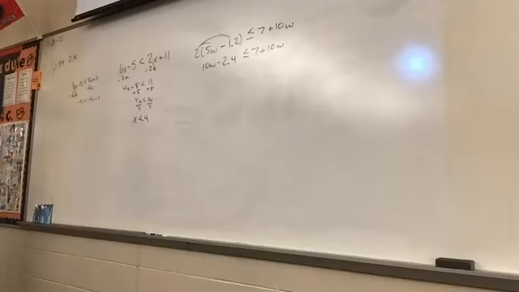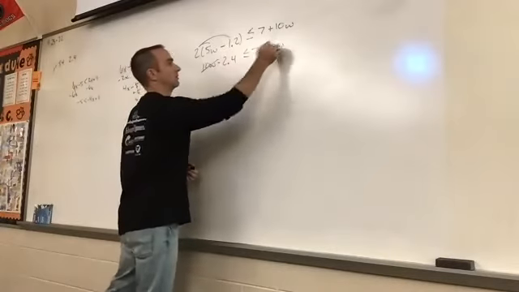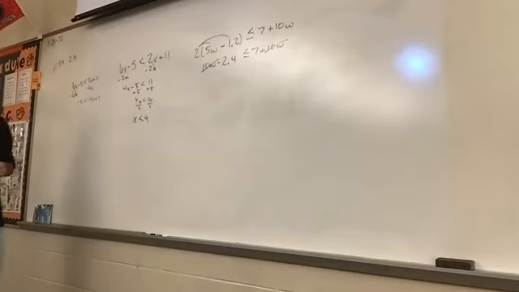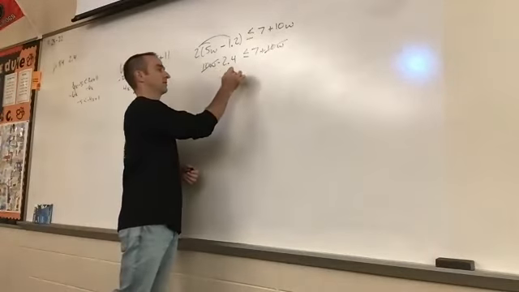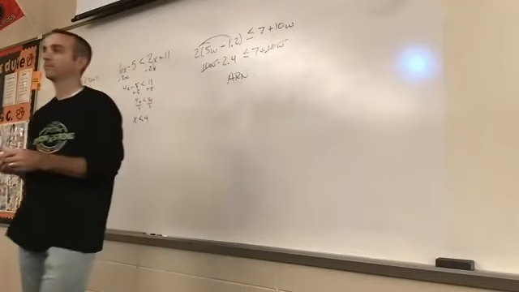We get here. We got 10w on each side. Those are going to cancel each other out. We're left with negative 24 is less than or equal to 7. So what is our answer here? All real numbers, right? Because negative 24 is less than or equal to 7. There you go. All real numbers. Abbreviate it ARN, that's fine. There it is. Good deal.